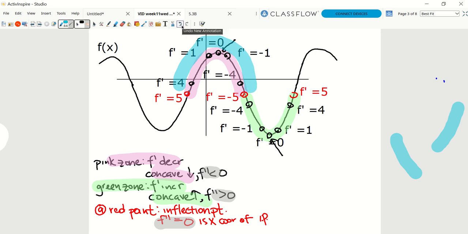And where is it concave down and increasing? It would be at this portion. So it's half of this pink portion where it's concave down and increasing. This would be concave down and decreasing, but we're only interested in this portion.